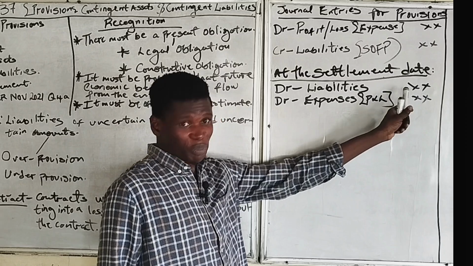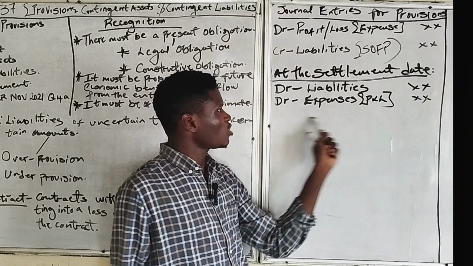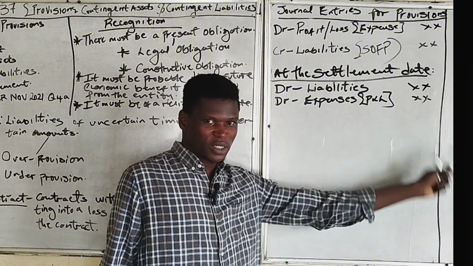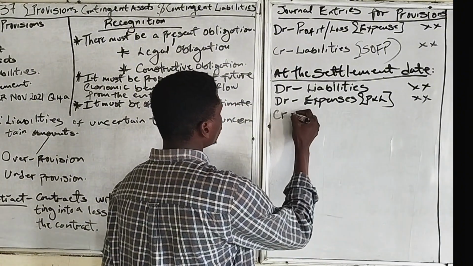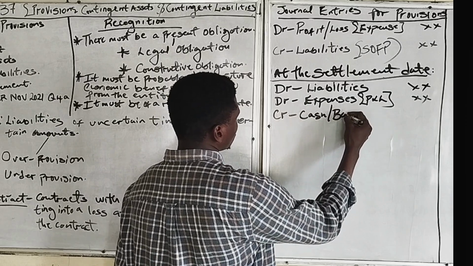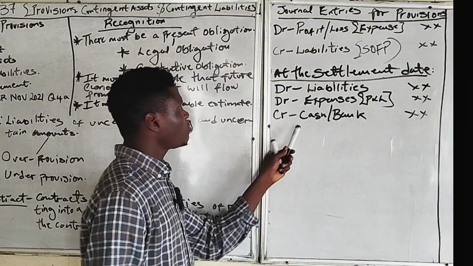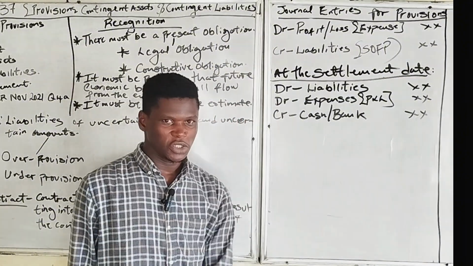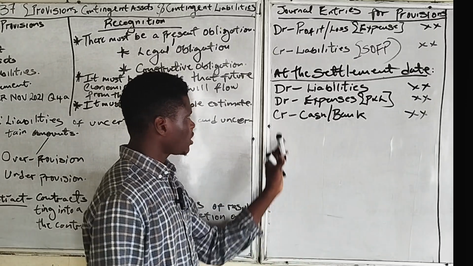Now the excess, because we paid more than what we provided for, will be charged to the statement of profit or loss as an expense. Then it will all be credited to cash or bank. Crediting cash or bank means there's an outflow of cash or bank, whichever the case may be.